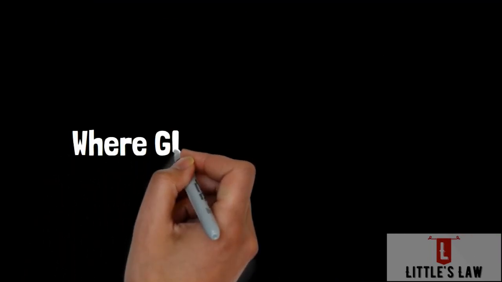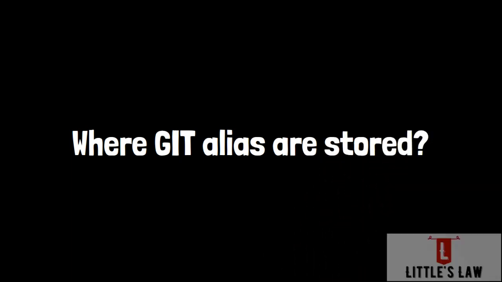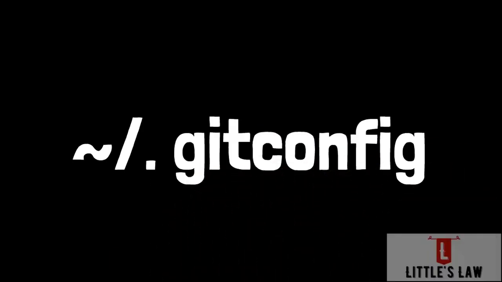Okay, so now we have defined the Git alias. So where are they stored, or where do they get defined? Whatever Git aliases we create are often stored as per the user's configuration in the .gitconfig. We can also manually set aliases.